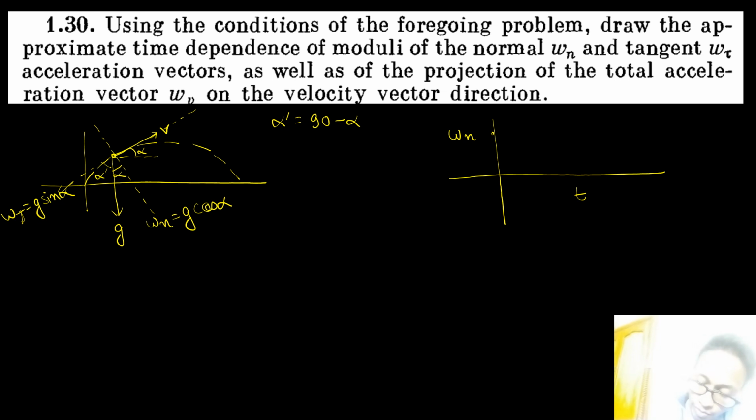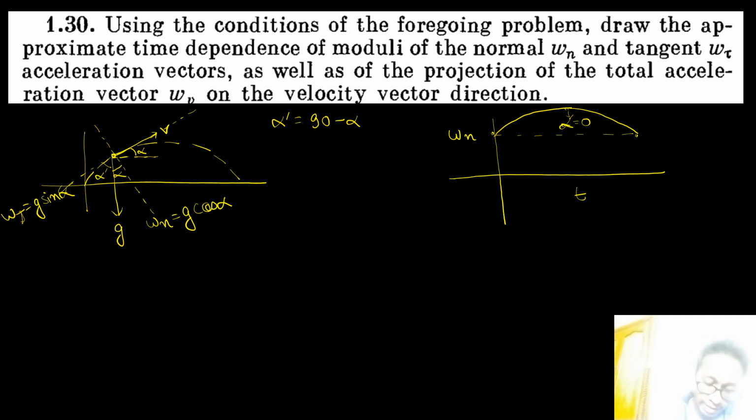So the graph will look somewhat like this. Somewhere in the middle, the graph would peak out here and then again return to its initial value. This is the normal component of acceleration. Out here, alpha is equal to 0.